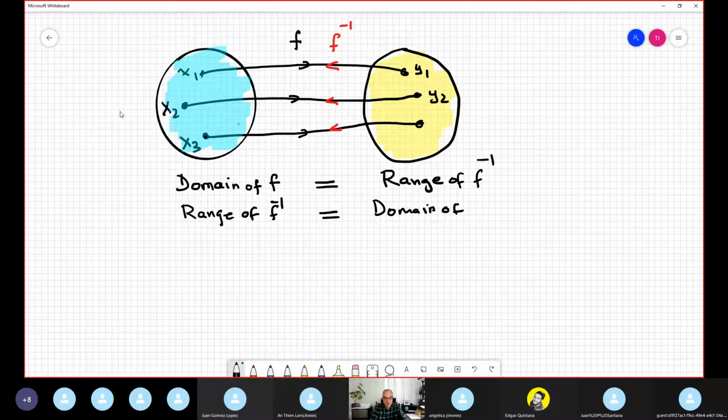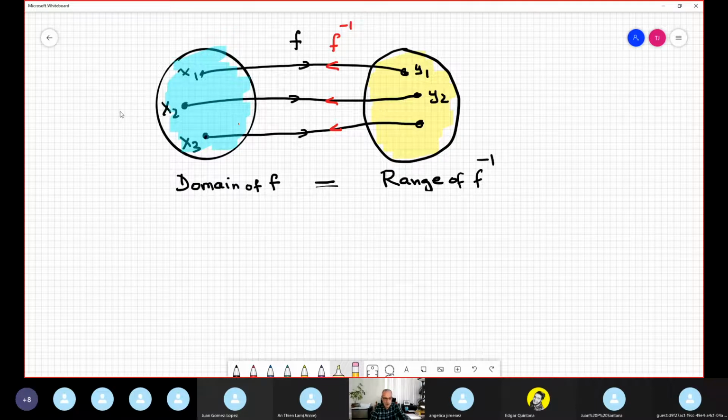So domain, okay, let me see. The range of the inverse is this guy. Oh, no, I did that. Okay, no. Entonces, let me erase that part.